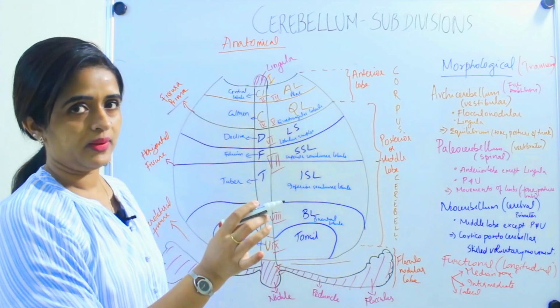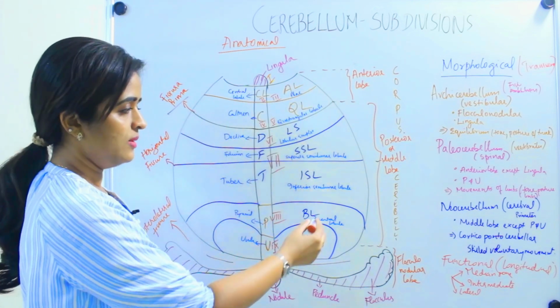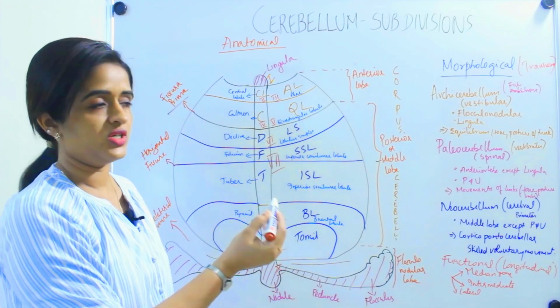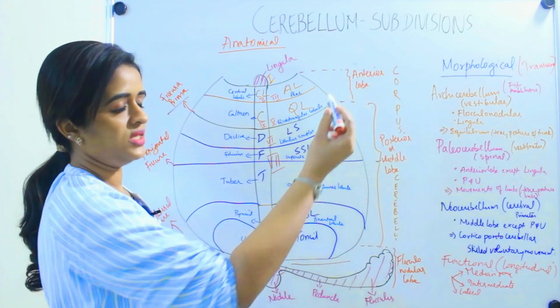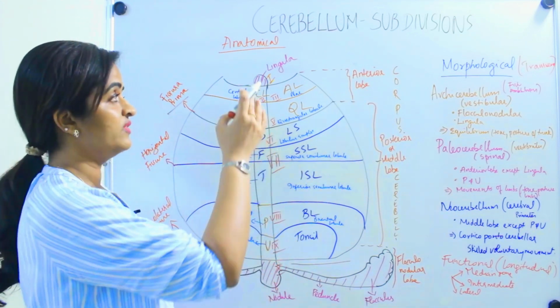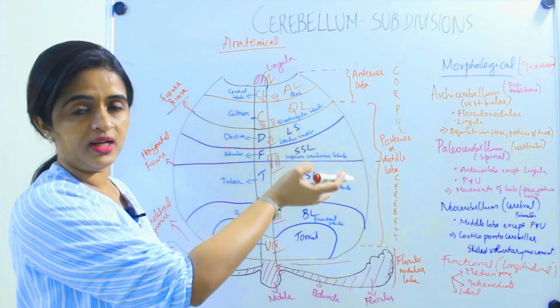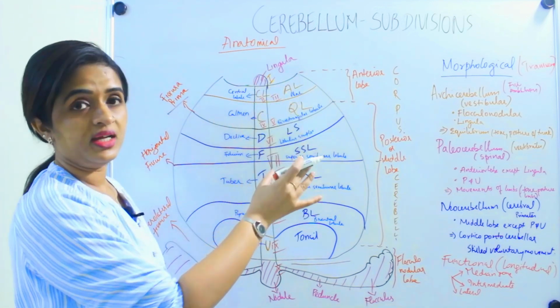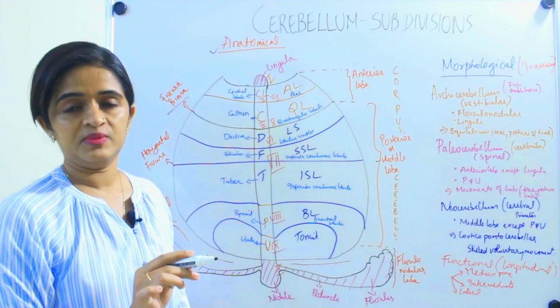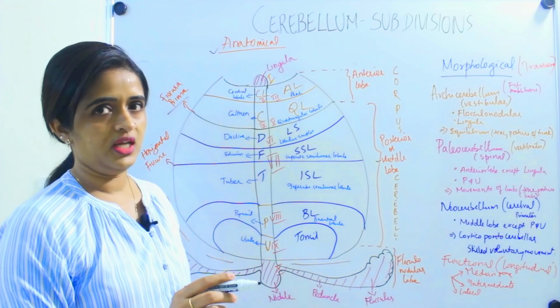That also you have to remember. The remaining portion between the fissura prima and the posterolateral fissure will give you the posterior or the middle lobe. Now let's see what the components of the vermis as well as the cerebellar hemisphere are in each lobe when you discuss the anatomical subdivision of the cerebellum. That is very, very important.